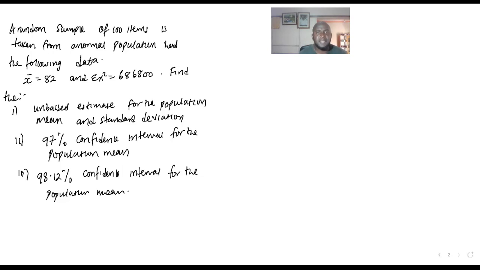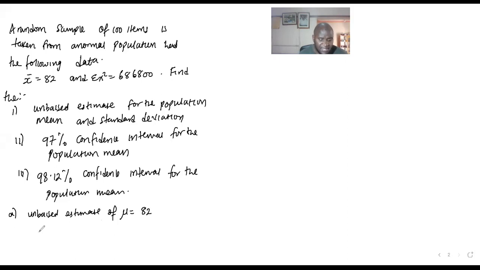Now, let us go by that and see what we shall have. So the first thing is A, for the unbiased estimate of mu, the mean is 82.